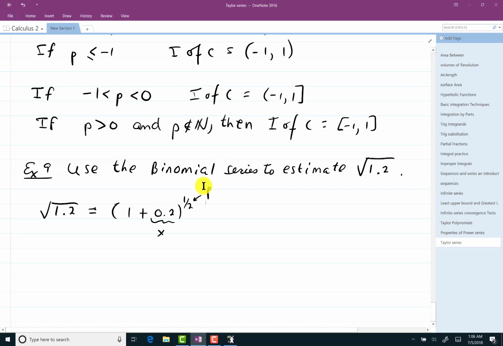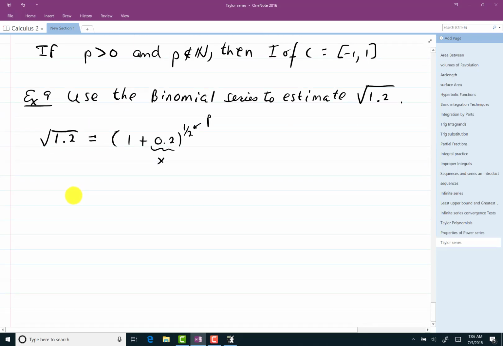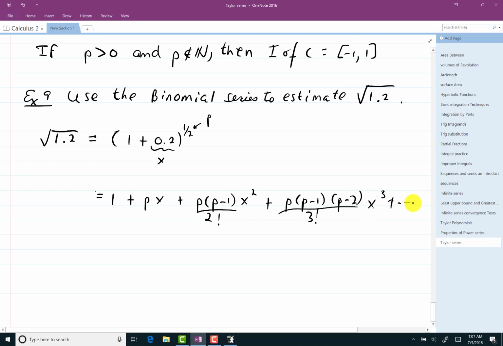You keep doing p, then times p minus 1, then times p minus 2, then p minus 3, etc. Let's go ahead and use that as the setup.